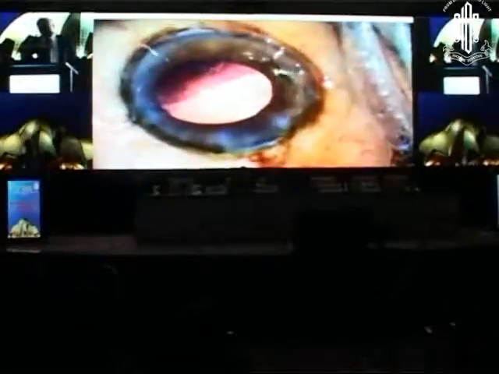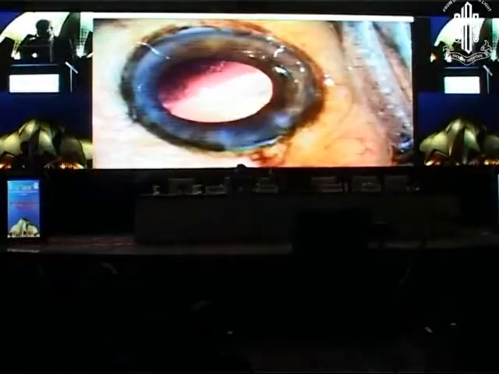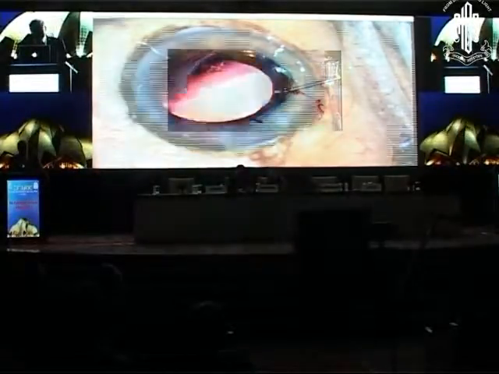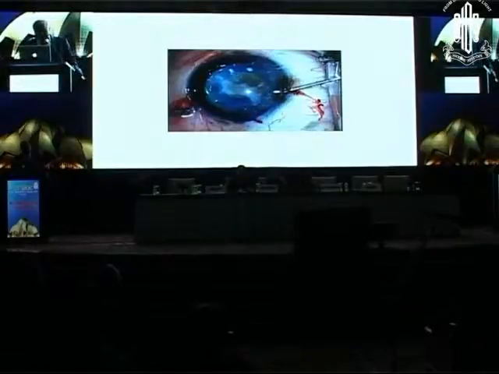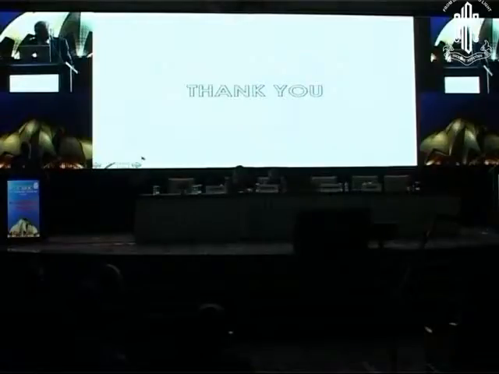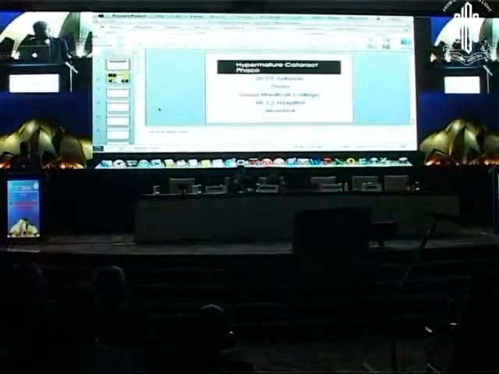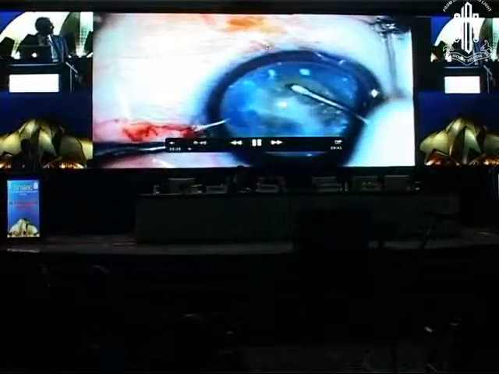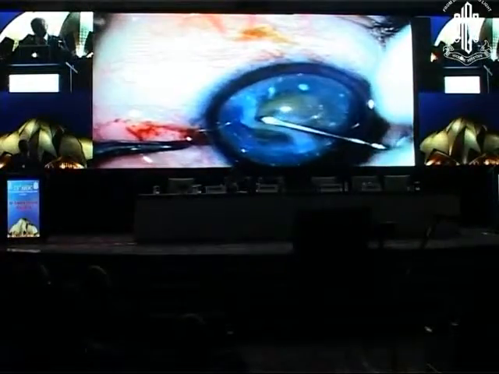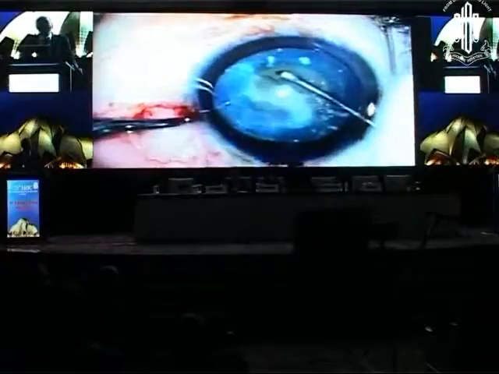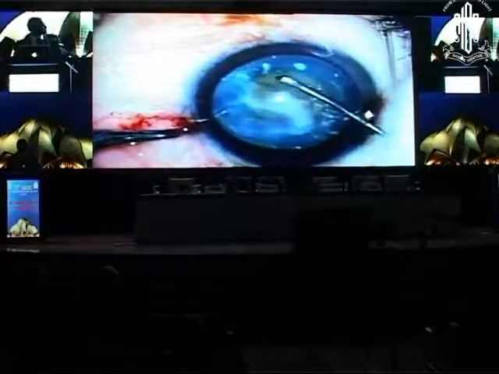This is complete now. This is another case. I have shown this case last time, I don't know, AIS or DAS. One minute. This is the hypermature cataract. The patient came from Uttar Pradesh, the mother of an IAS officer.